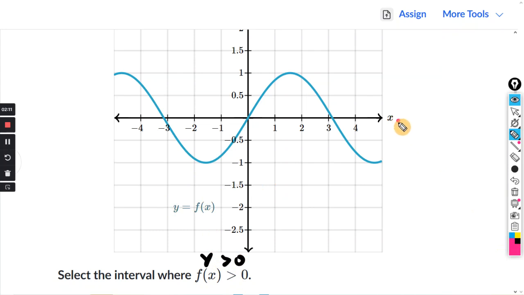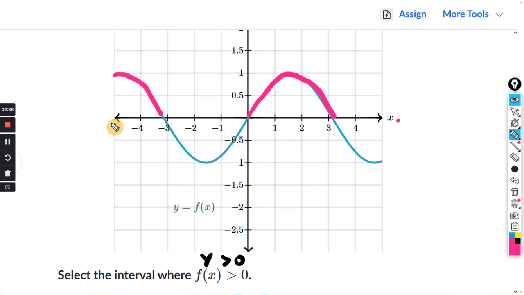Here's the x-axis. This part here is above the x-axis, so the graph is considered positive. And this section right here is also considered positive. So that's basically it. Let's look at the choices.